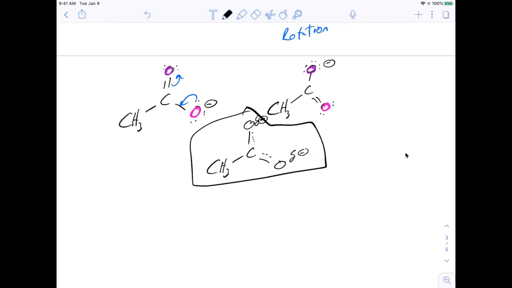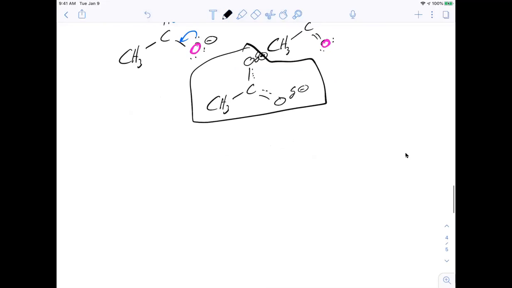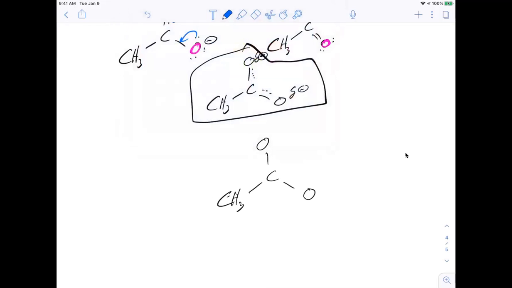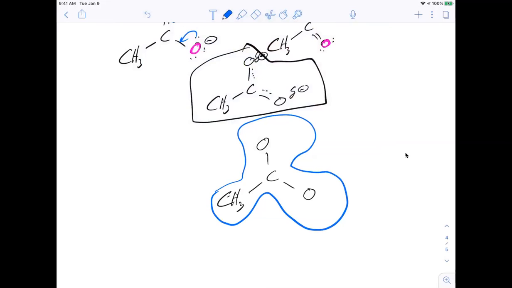What if we could easily do this on paper? You'll probably see it in the textbook, there's probably a big drawing of it, that it looks like this, right? With an electron cloud.